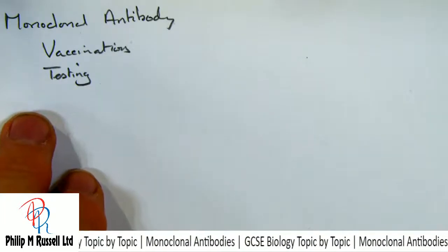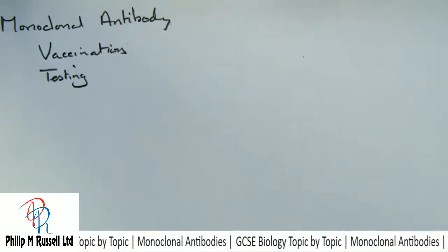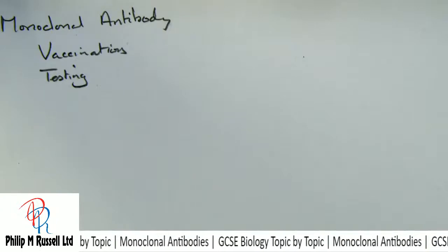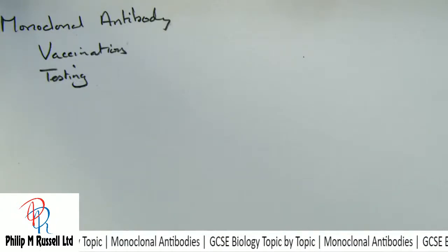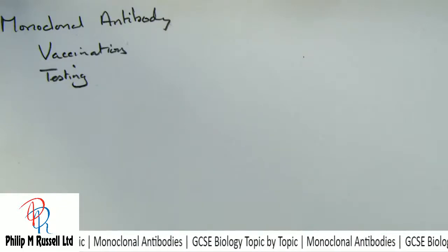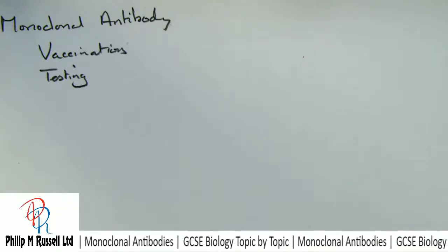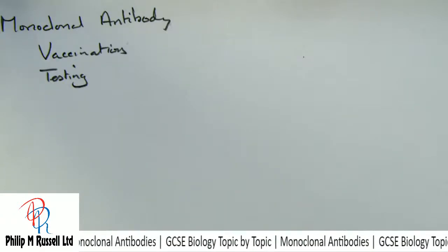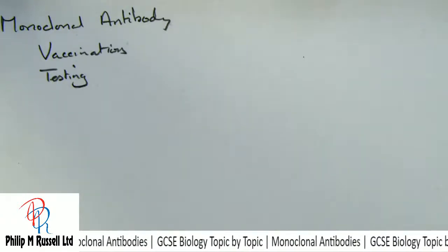So, some special white blood cells known as lymphocytes, they make the antibodies, but those cells can't divide. We might find we've got some tumour cells which don't make the antibodies, but they can divide rapidly to make lots of clone cells.